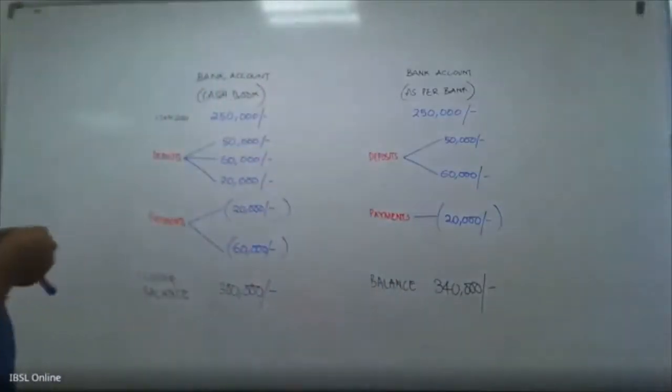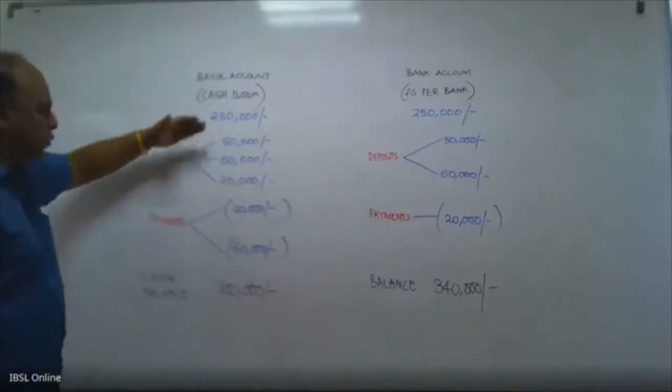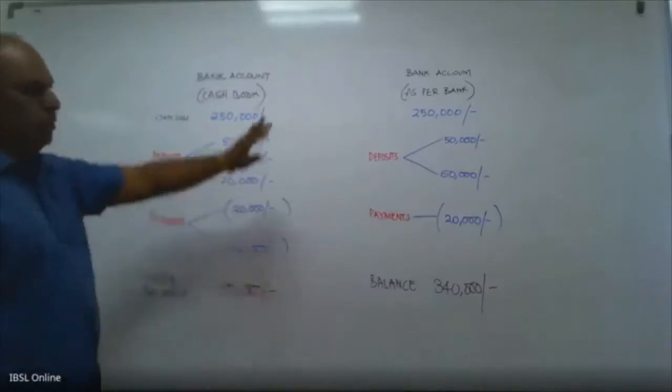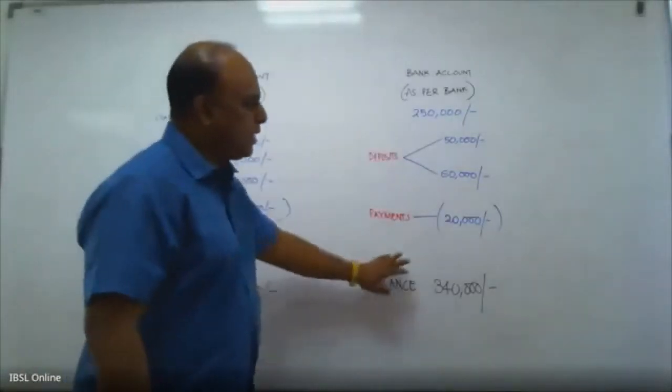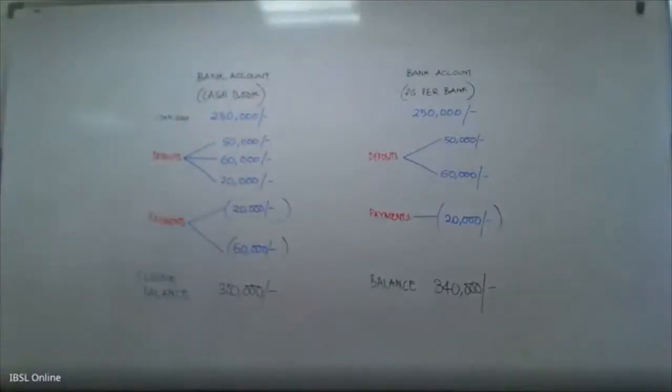Okay, 250, 300, 360, 340. Okay, now look at the two records. As per your cash book, your balance is 300,000. But as per bank, they say it is 400,000. Sorry, 340,000. Now you have a problem. Why?